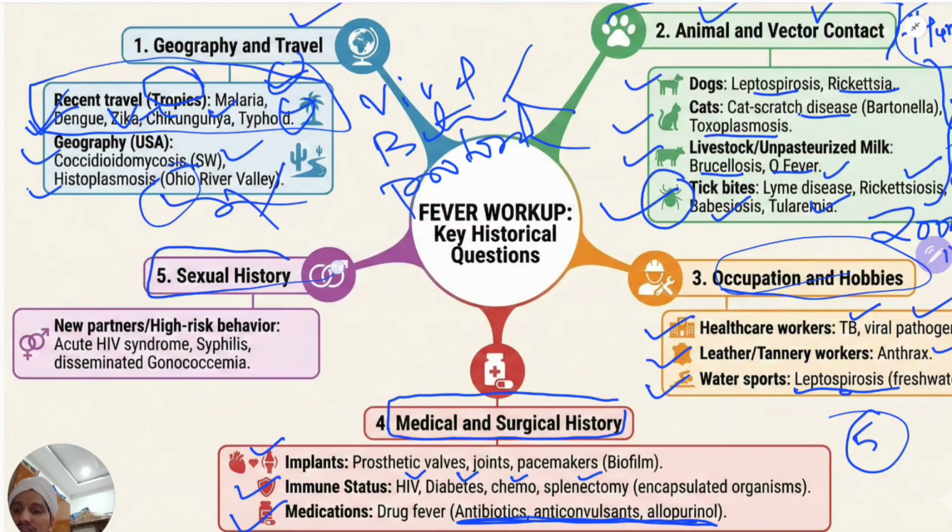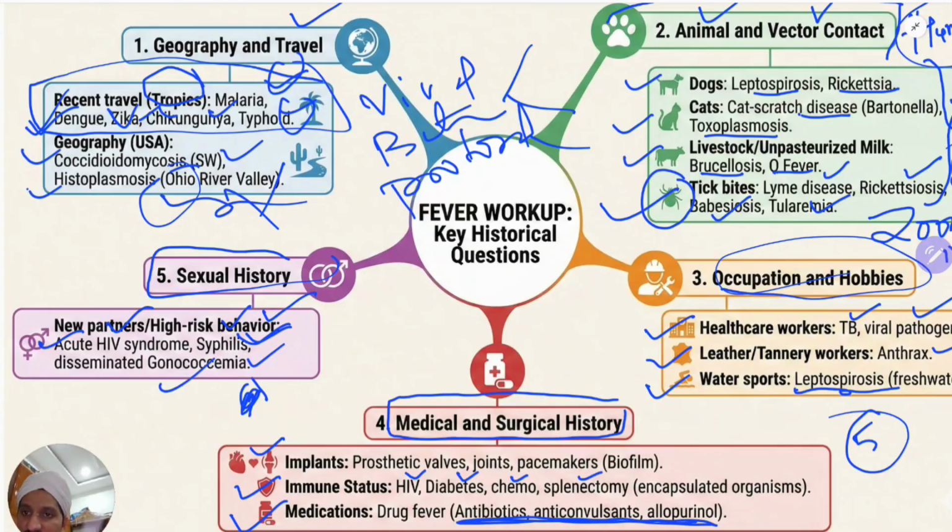The fifth thing is high risk exposure. High risk exposure is nothing but acute HIV syndrome. You can think of syphilis, nothing but unprotected sex or sex workers. So all those people are considered high risk. You can think of acute HIV syndrome, syphilis, and gonococcemia, Neisseria gonorrhea infection.